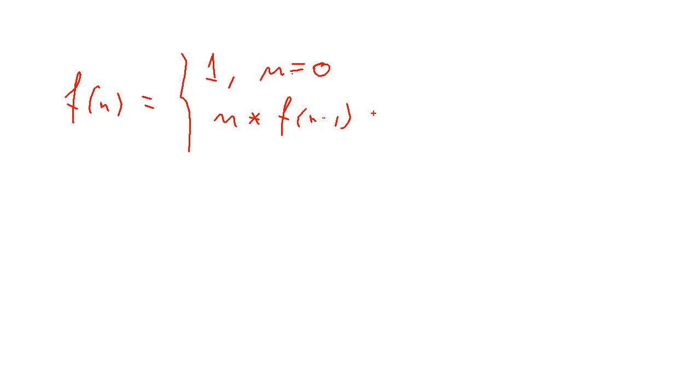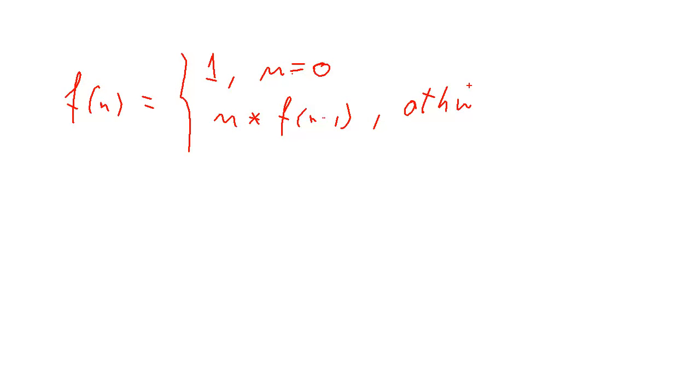So I'm going to say f(n) is equal to 1 for n equals 0, and n times f(n-1) otherwise. Okay? So we look at this as a definition, but could it be that it's actually an equation?